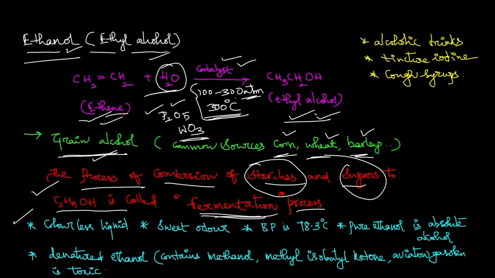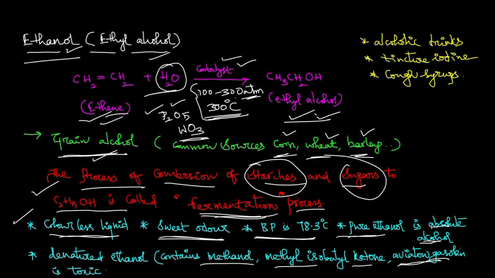Looking at some physical properties, it is a colorless liquid and it has a sweet odor. Its boiling point is 78.3 degrees Celsius, and pure ethanol, meaning 100% ethanol, is called absolute alcohol. And if impurities like methanol, methyl isobutyl ketone, aviation gasoline are added, this is called denatured ethanol and it is toxic.